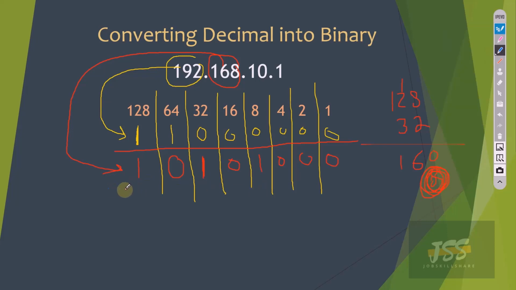Then we have 10. That is very simple. We can see 8 plus 2. Turning on these two bits will make 10. So very quickly, turn on this bit and this bit, and the remaining will be 0. And then in the end we have 1.